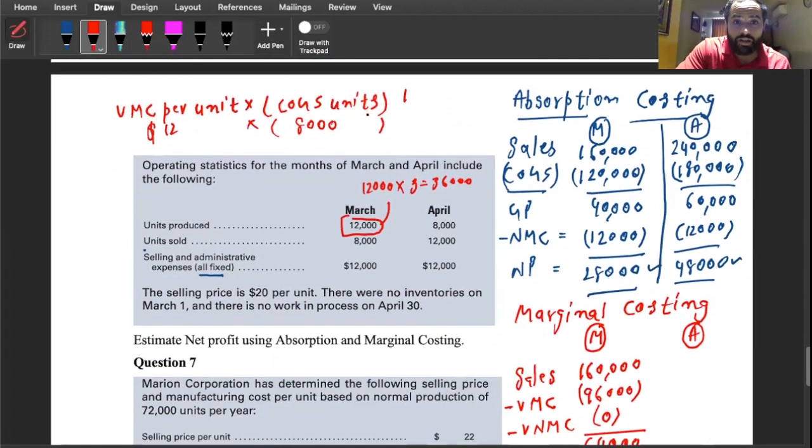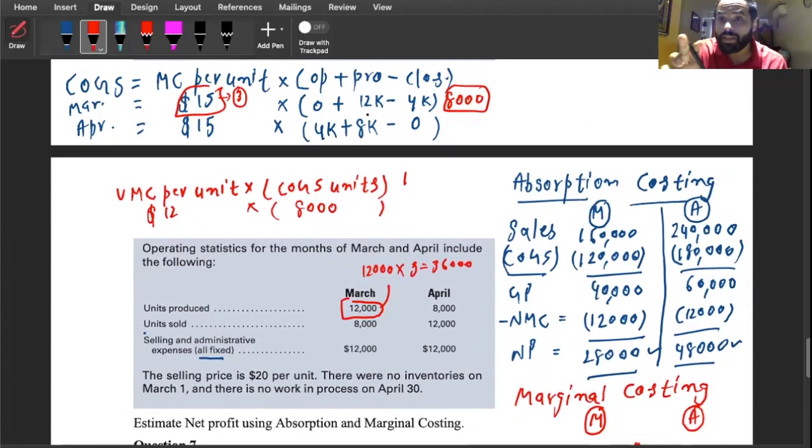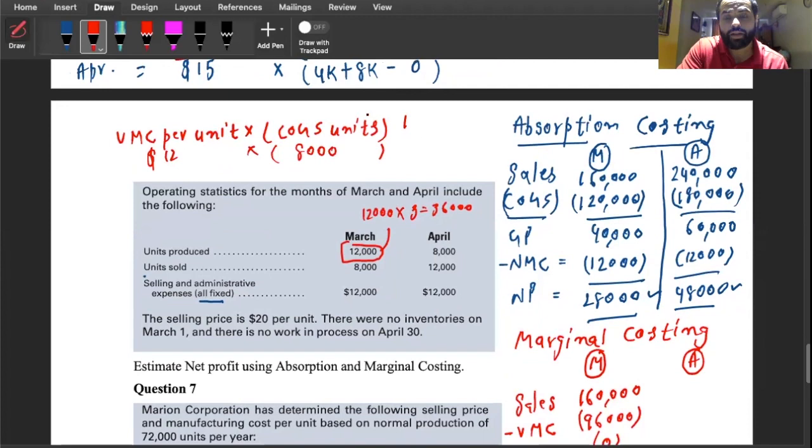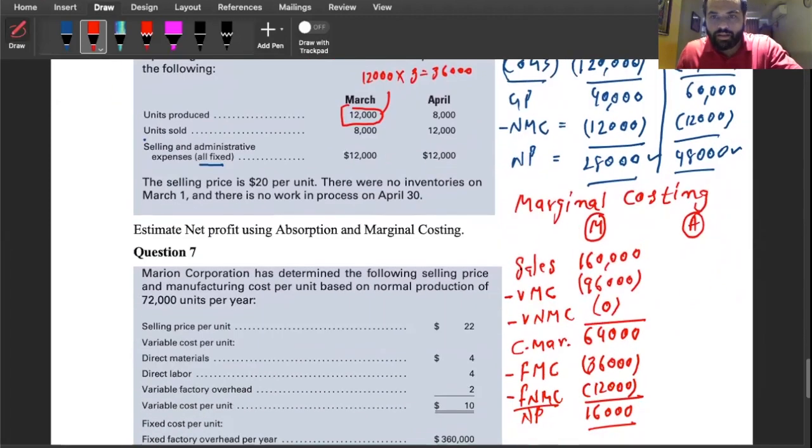But under marginal costing, fixed cost will not be calculated using production unit. We calculate total fixed cost, which is 12 multiplied by 3. All right, that's your marginal costing for March. Now let's move on to April.